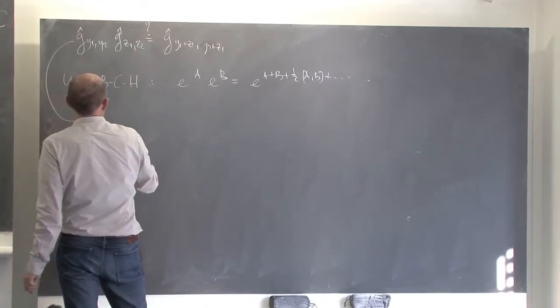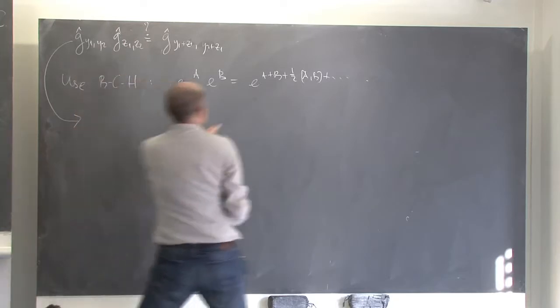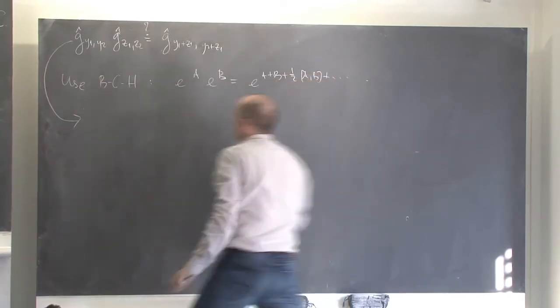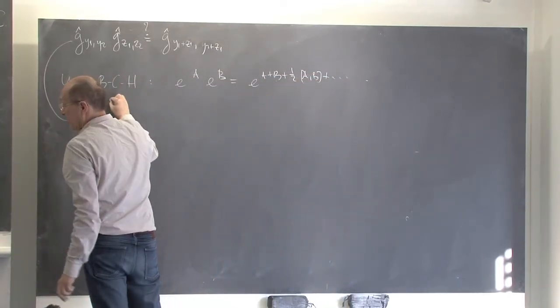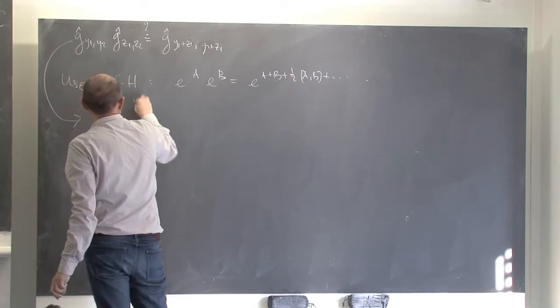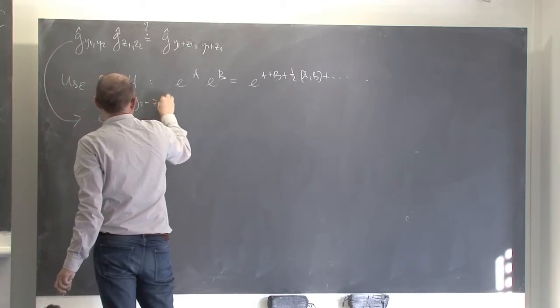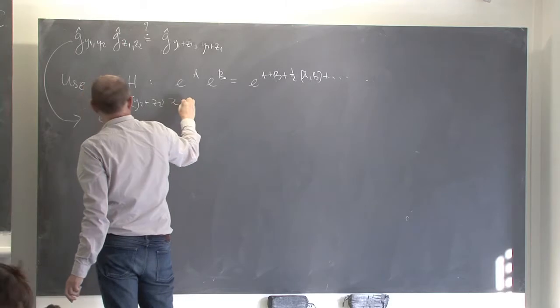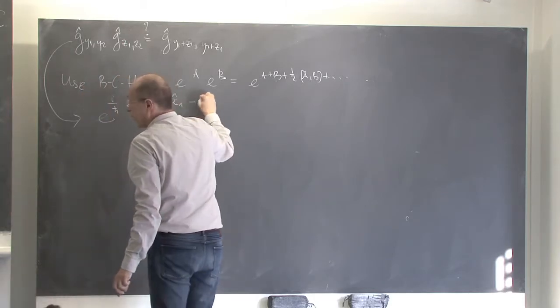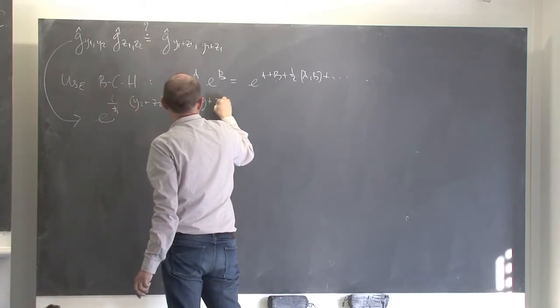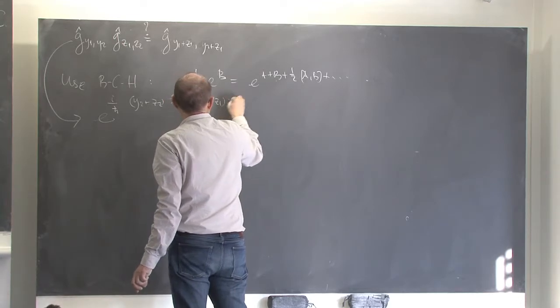So this product becomes, so we add things, e to the i over h bar, (y2 plus z2) X1 hat minus (y1 plus z1) X2 hat.